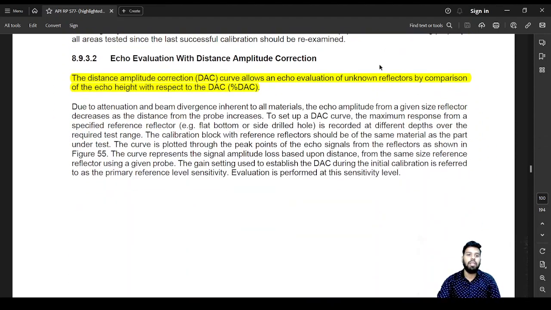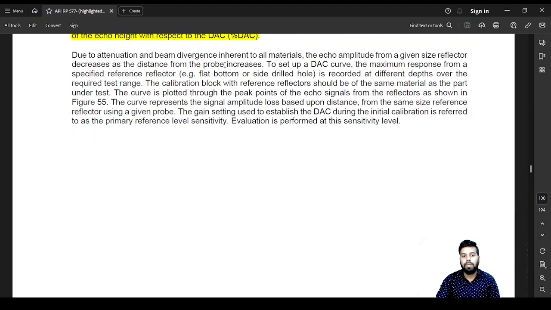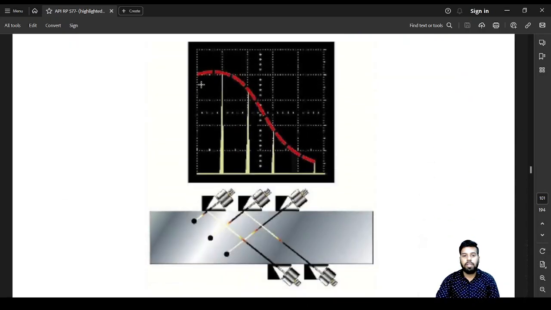Echo evaluation. For doing echo evaluation, you can use multiple techniques, but one of the simpler techniques that we generally use is drawing a DAC. A distance amplitude correction curve allows echo evaluation of an unknown reflector by comparing the echo height with respect to the DAC. This is known as a DAC curve. For drawing this DAC curve, you require a DAC block. We'll talk about this later when we go to Section 5.